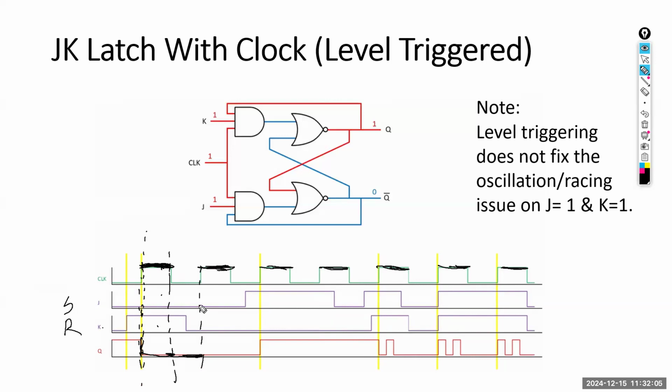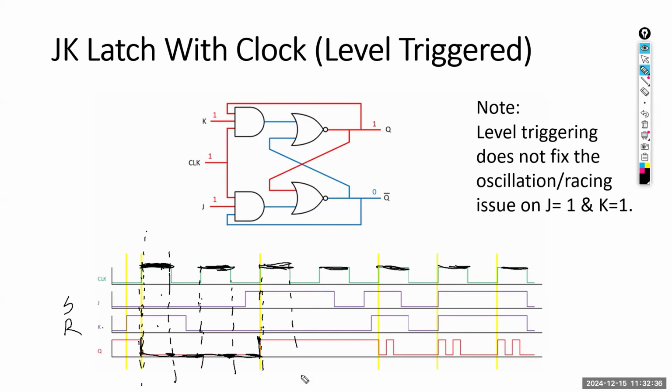Now again it goes to the high side. By the time both S and R, or J and K, are 0, that is memory. So during that period, nothing changed. Now it's again back to the disabled time period, so it stays there. By the time it goes to the high side again, J is 1, K is 0, or S is 1, R is 0. Therefore, it's set.